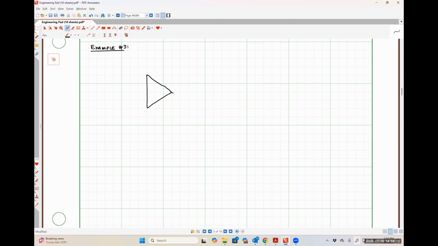So starting with my op-amp, let's do something gross like this. Let's say that this is a 1.6 kilo ohm resistor.